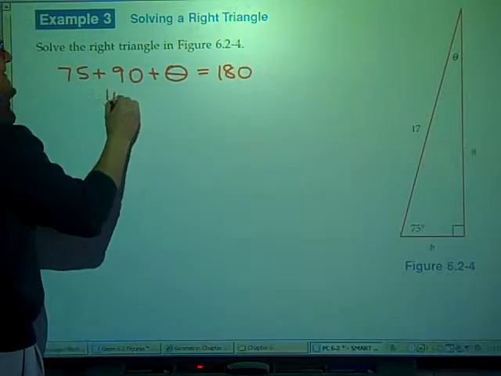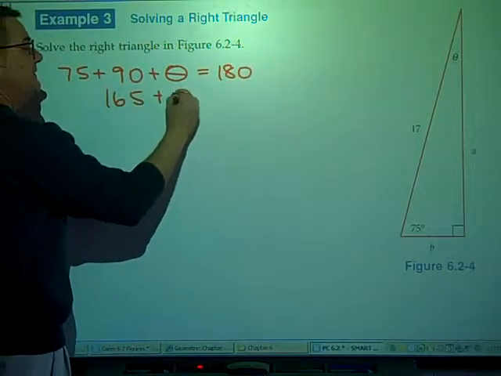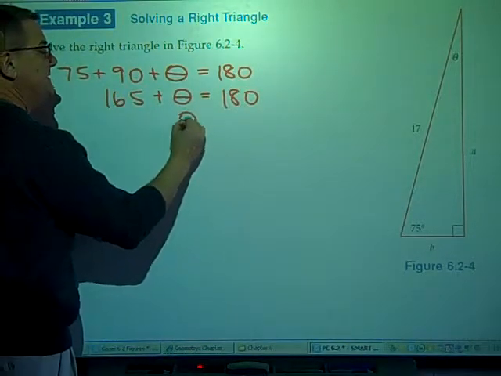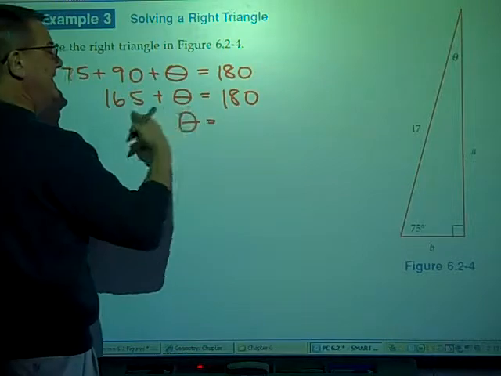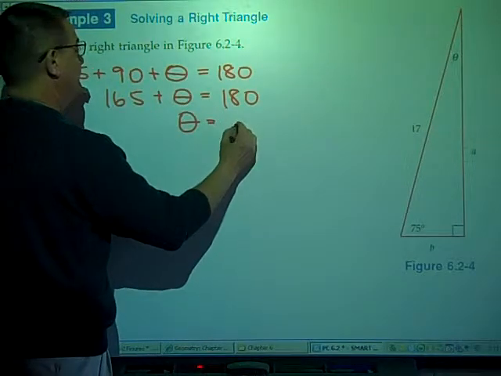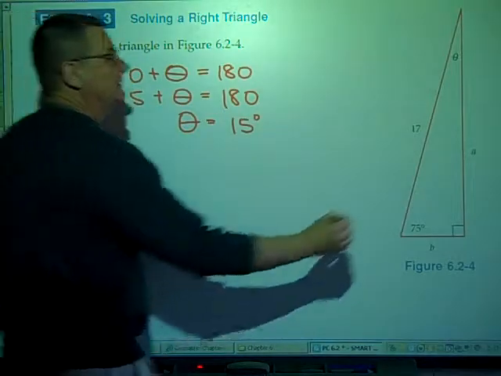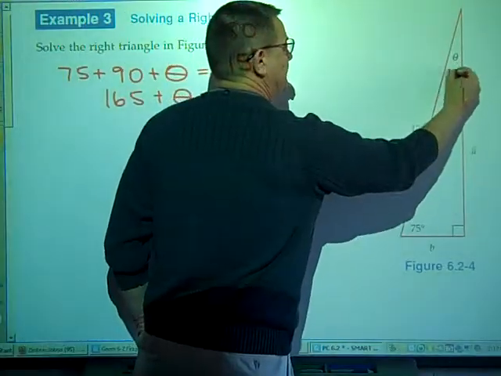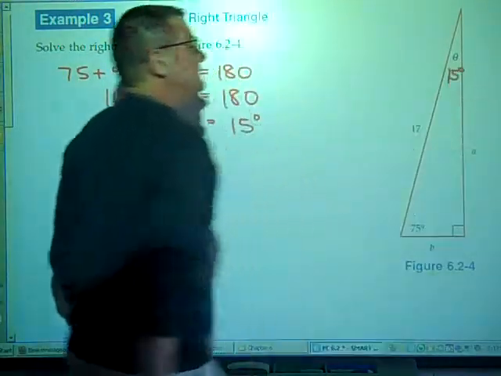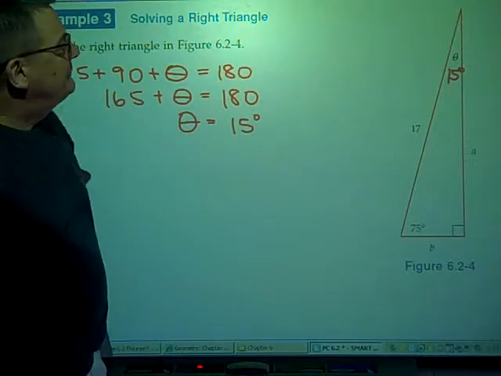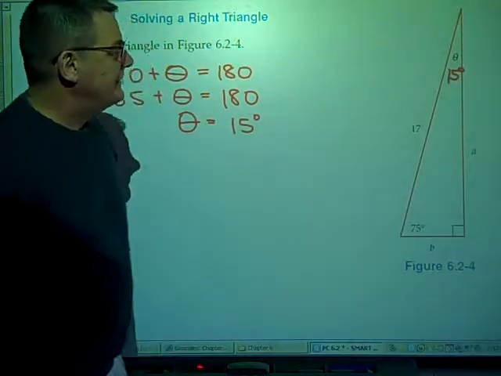So 165 plus theta is equal to 180, which means theta would have to be 180 minus 165, which is 15 degrees. So we now know that theta is 15 degrees. It's not a bad idea to always label something as soon as you find it. Okay, so now we've found one out of the three things.